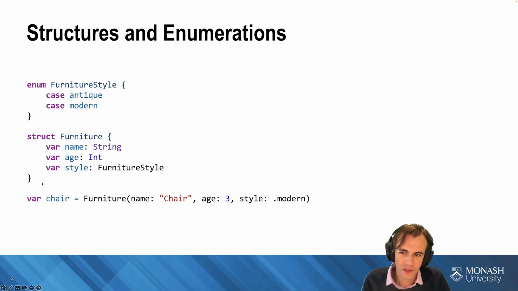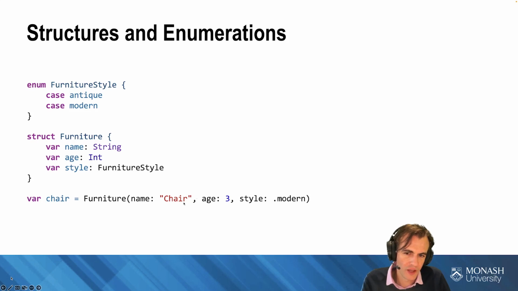And you can see I can create an instance of this furniture structure, and we didn't create any initialization method, aka a constructor. In this case, it was synthesized for us, and you can see that the default initializer just has each of the properties that are given here, and we just give them in order.